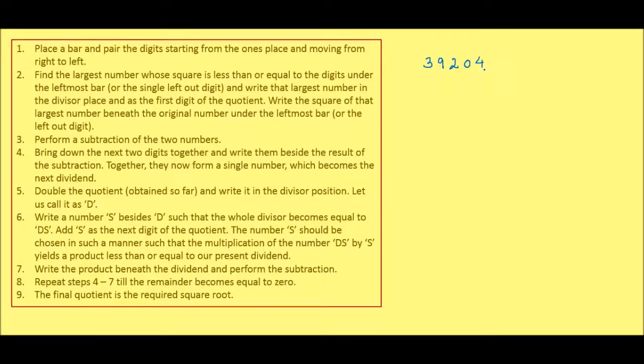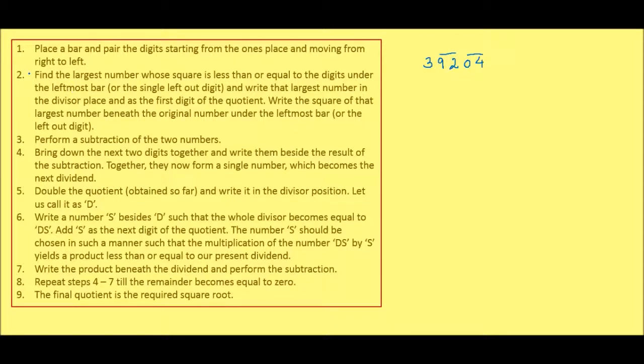The next pair is this one. And since we have an odd number of digits, the leftmost digit is unpaired. If any number contains an even number of digits, then all of them will be paired.